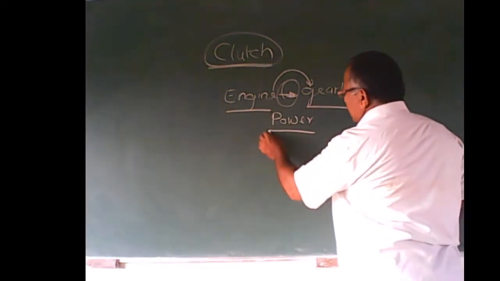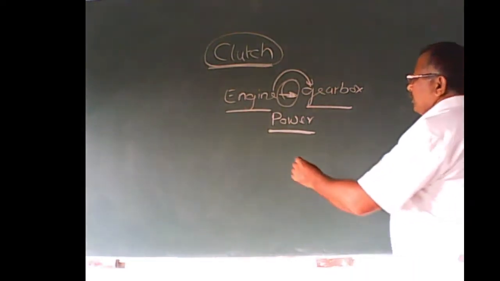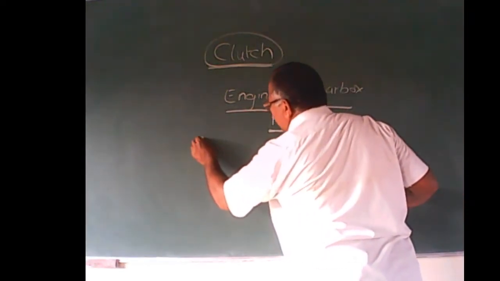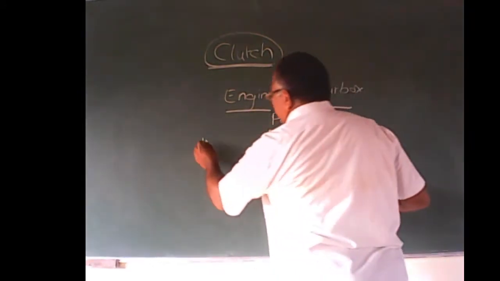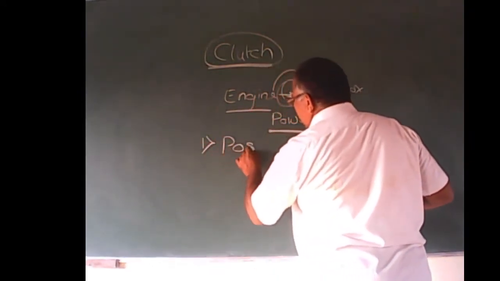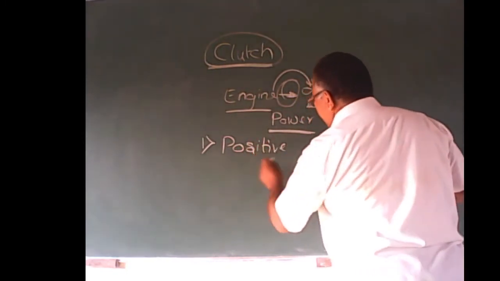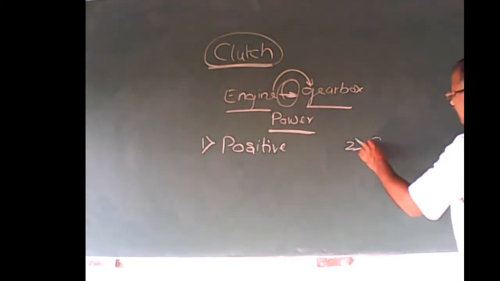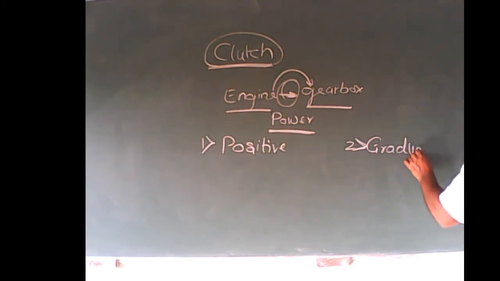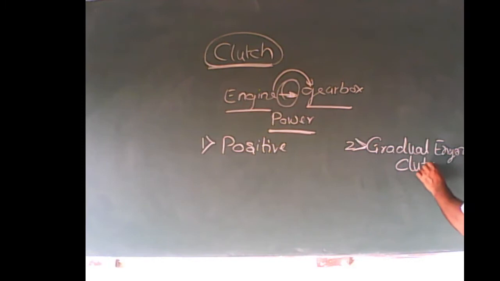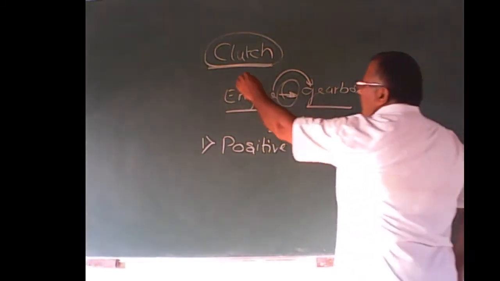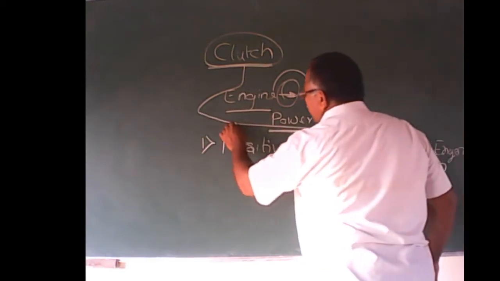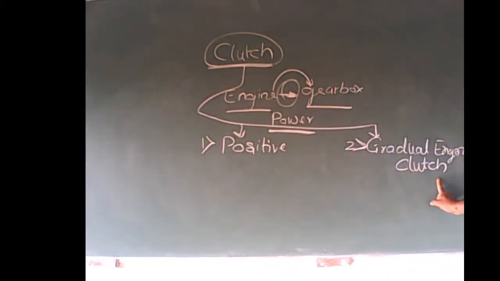In clutch we are having two types. One is positive clutch. Second one, gradual engagement clutch.